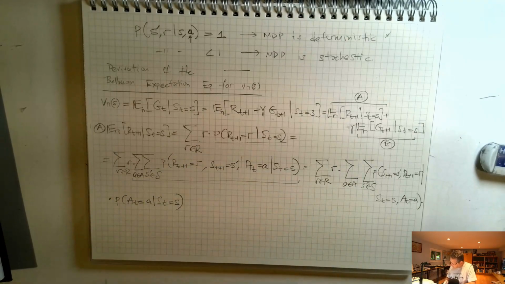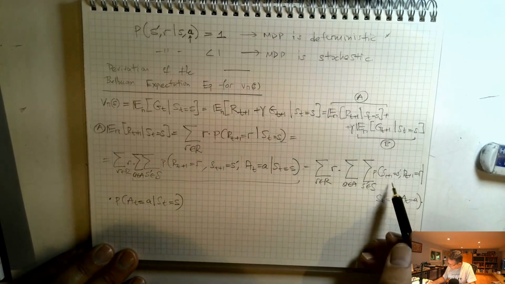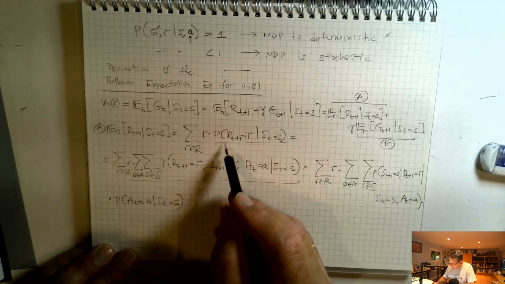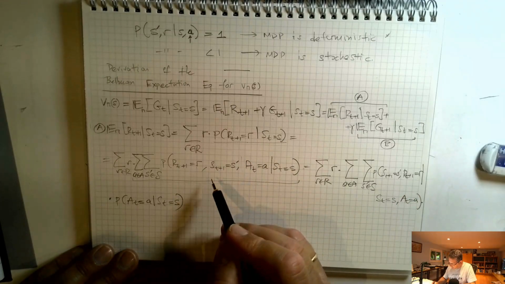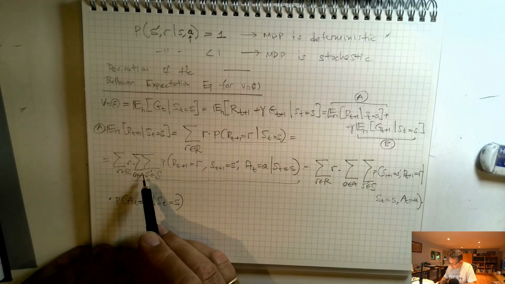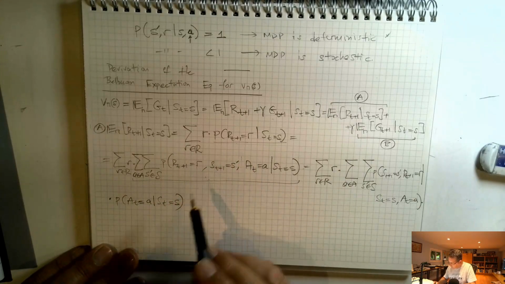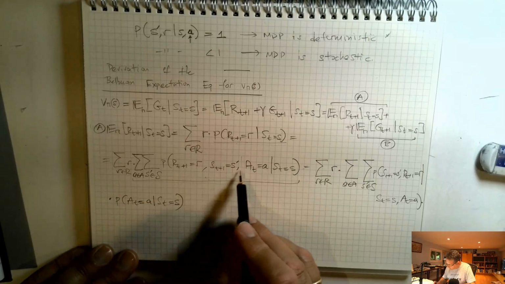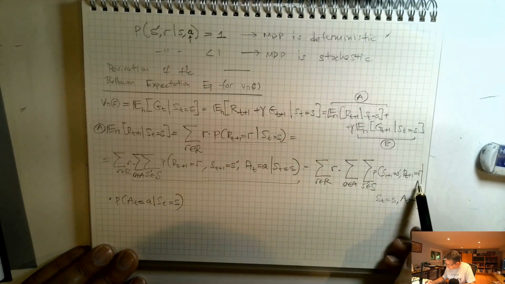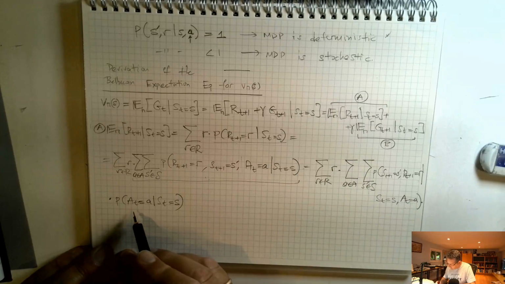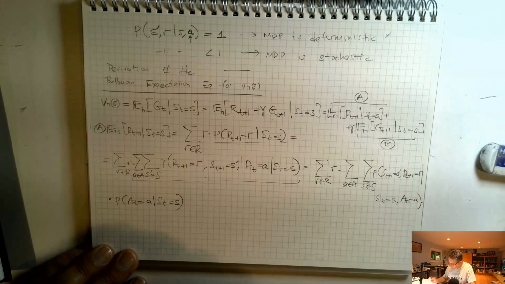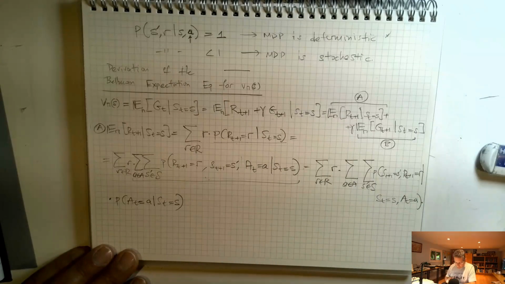Okay, so that's basically just a direct application of the product rule. Before, we applied the sum rule to go from here to here via the marginalization, and over here we took the joint probability distribution and wrote it as a product of a conditional plus the marginal. Okay, so that is the product rule. So now we have all the elements that we need.